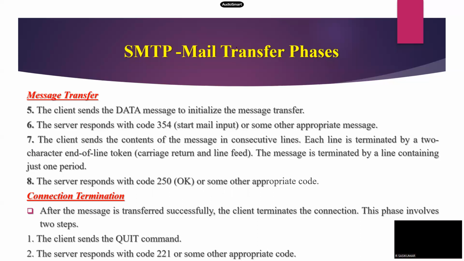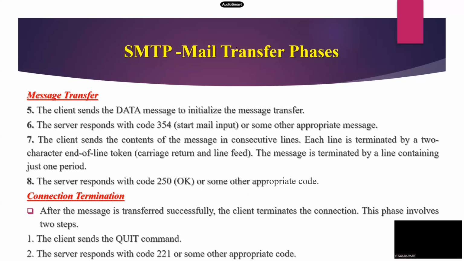And in step number 7, the client sends the content of the message in consecutive lines. Each line is terminated by a 2-character end of line token, carriage return and line feed. The message is terminated by a line containing just one period. Now the server responds with 250, meaning I have received the data from that client.